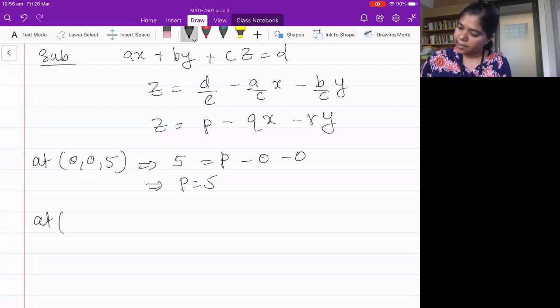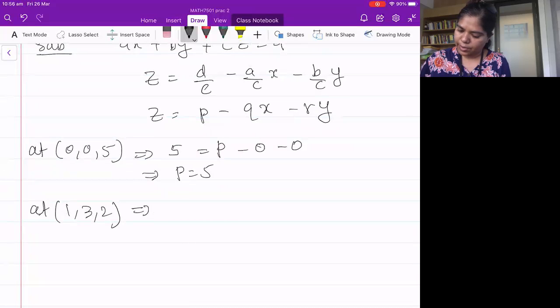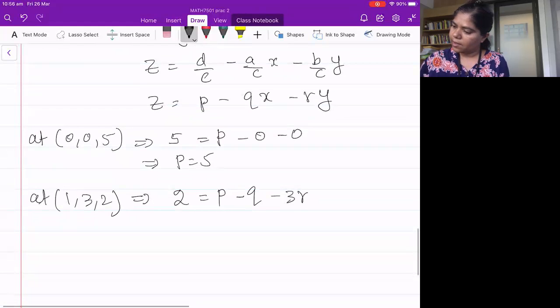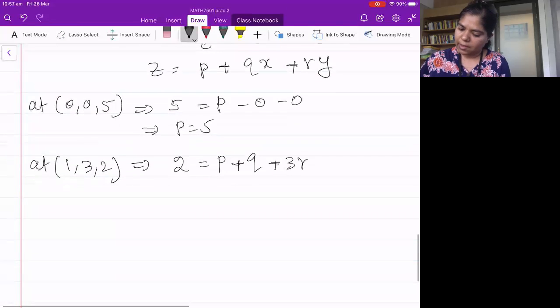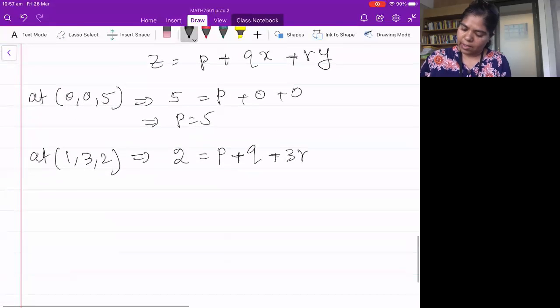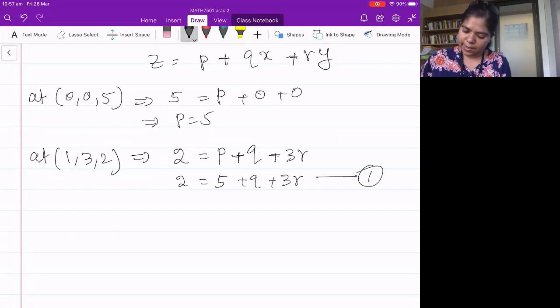And then at the other point, 1, 3, 2, we have z is 2 equals p, x is 1, so plus q, y is 3, so plus 3r. Substituting p equals 5, we get 2 equals 5 plus q plus 3r. Let's say this is equation 1.